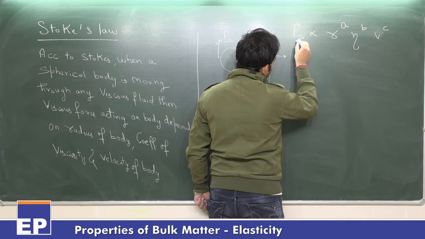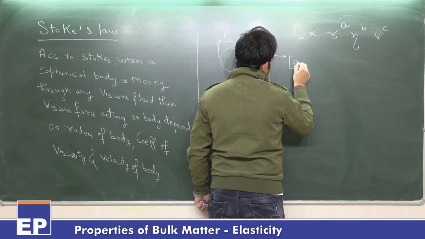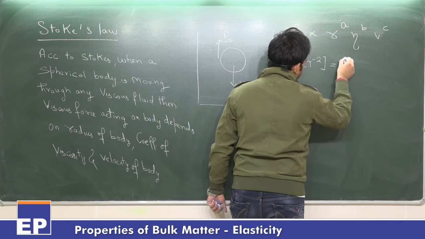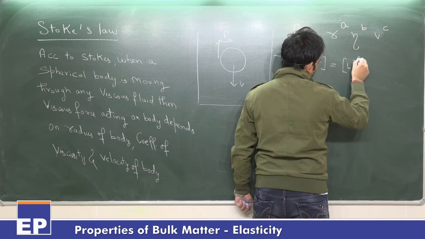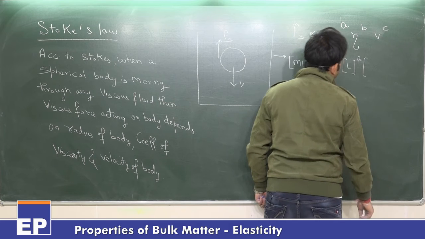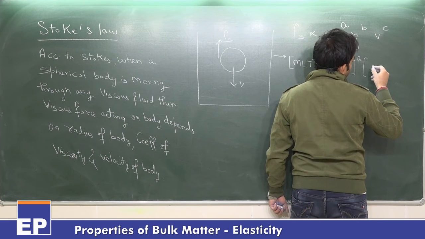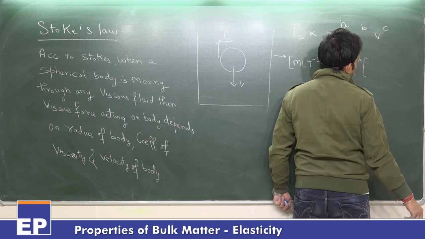So by dimensional analysis, the unit of Fs is M L T minus 2, R is L. What is eta? Eta is Newton second per meter square, and Newton second per meter square is M L T minus 2 per meter square.